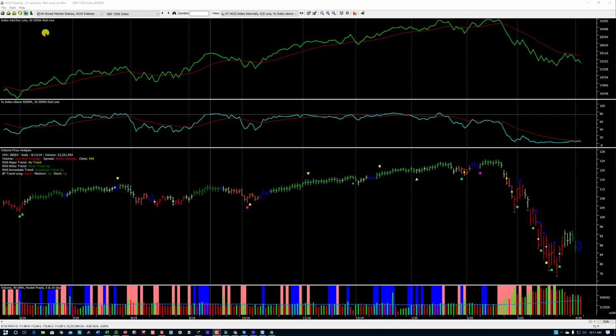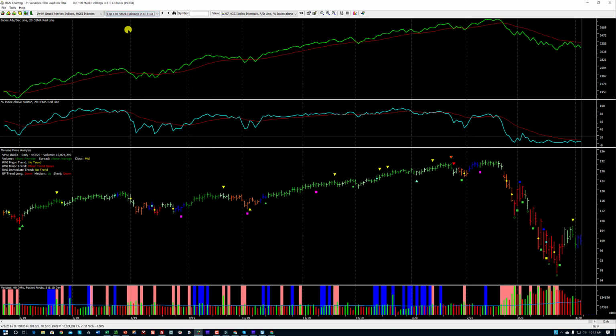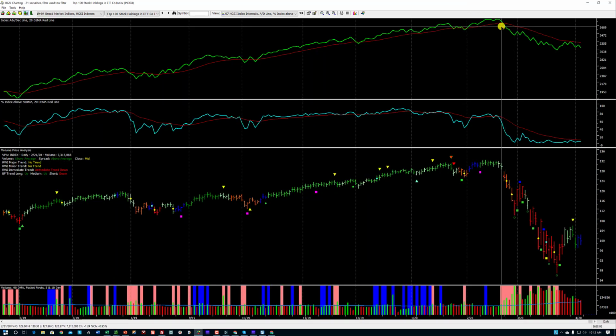Now let me run through a few of these. There's the S&P 1500. Let me find what I want. Top 100 stocks in ETFs. These are all large cap stocks, and you can see what's happened here. Broke down.